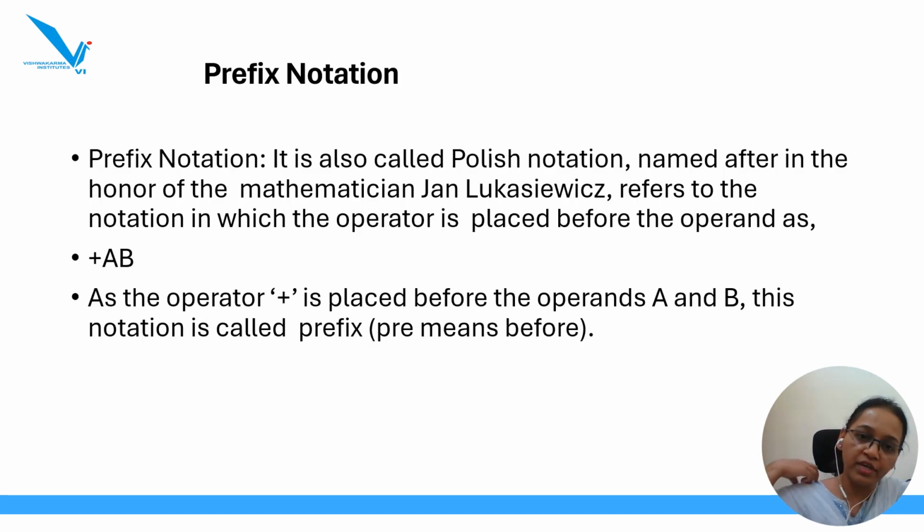Now in case of prefix, it is also called Polish notation. It is named in honor of the mathematician Jan Lukasiewicz. It refers to the notation in which the operator is placed before the operands, as plus A B. So plus is the operator which is placed before A and B, these operands. Pre means before, right?